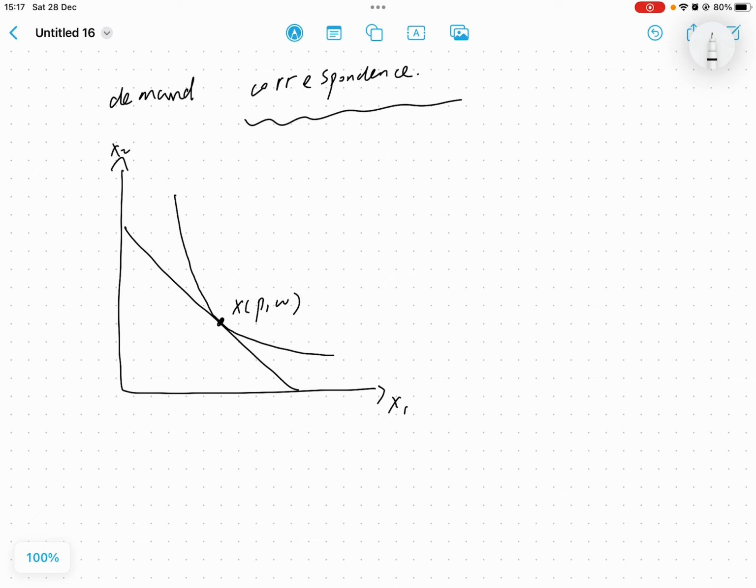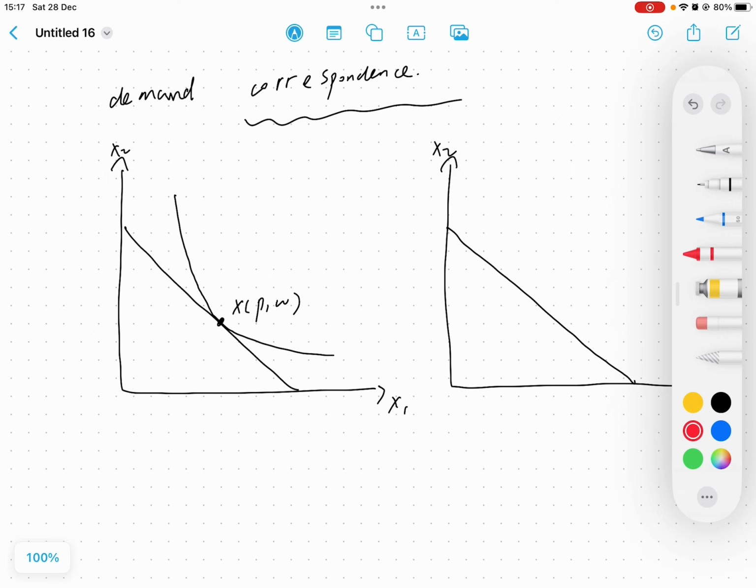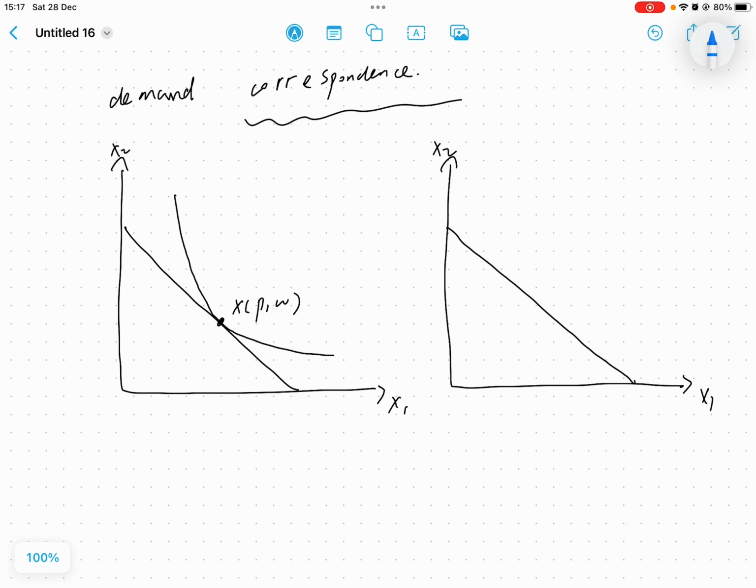However, it will also be possible, if this was the budget, let's change the color and maybe use blue, that the indifference curve or indifference set has some part that is straight and perfectly coincides with this budget. Let's say it looks like this.